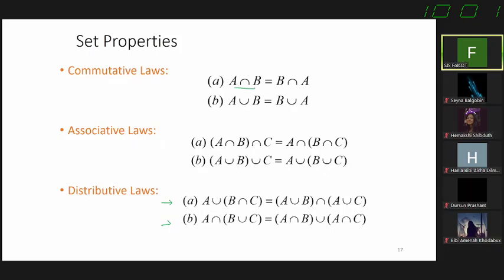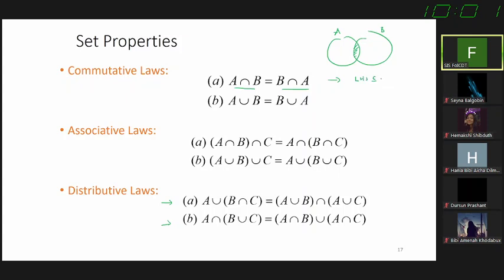A intersection B is equal to B intersection A. So if you have two sets, A and B, and you're talking about the intersection, A intersection B is the same as B intersection A. Again, if you wanted to prove this, you have to prove the left-hand side, sorry, the right-hand side.